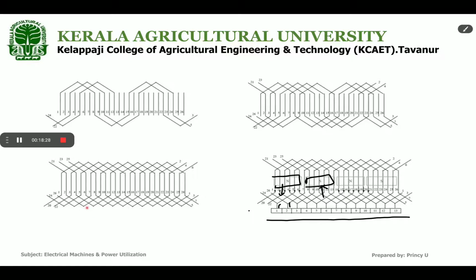And here we consider the pole pair north and south. In wave winding we use only 2 brushes. In lap winding the number of brushes equals the number of poles, but here we use only 2 brushes.